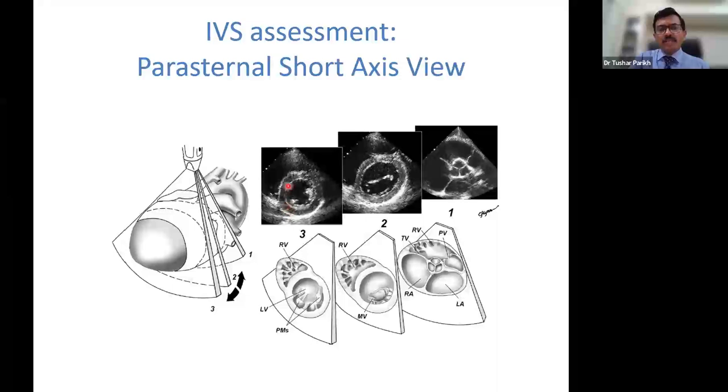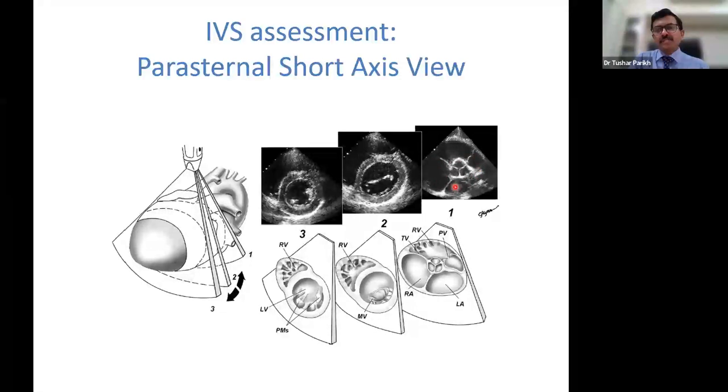Now, what you get is the left ventricular cavity. These are the papillary muscles on both sides, and this is the central view, where there is the mitral valve, and this is the highest view, where there is a cup and saucer appearance.